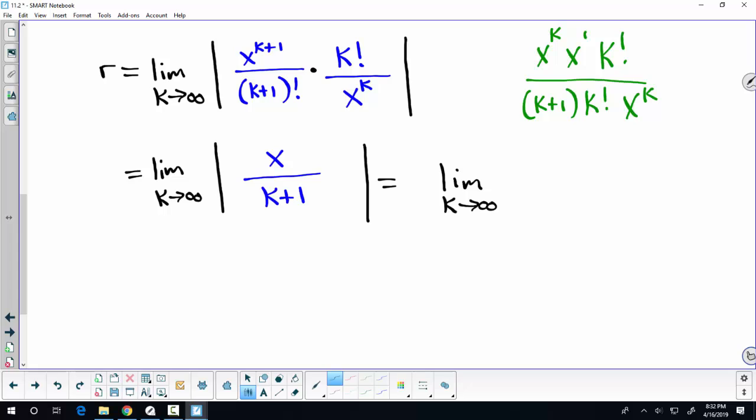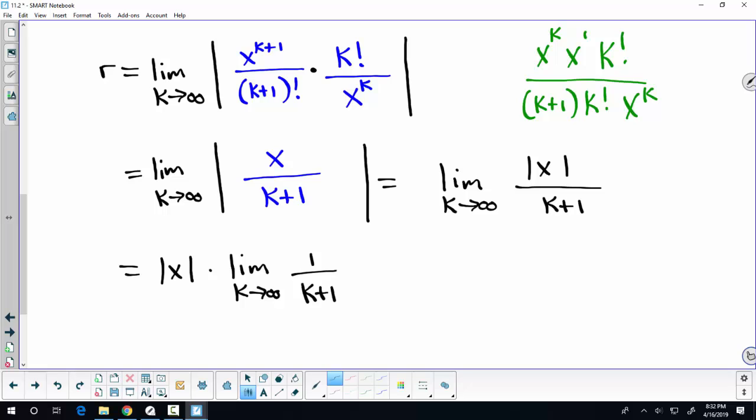So that's equivalent to the limit as k approaches infinity of the absolute value of x over k plus 1, which is just the absolute value of x times the limit as k approaches infinity of 1 over k plus 1.